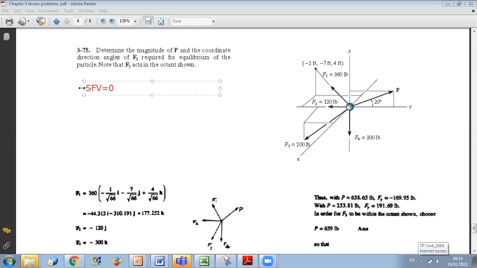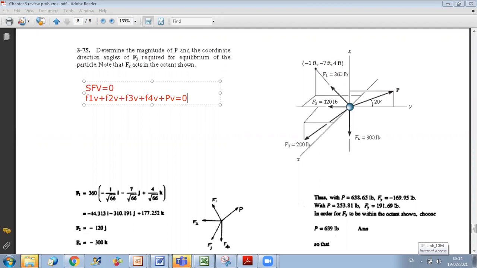What are my forces here? I have F1 vector plus F2 vector plus F3 vector plus F4 vector plus P vector equal to 0. So this is my vectorial relation.